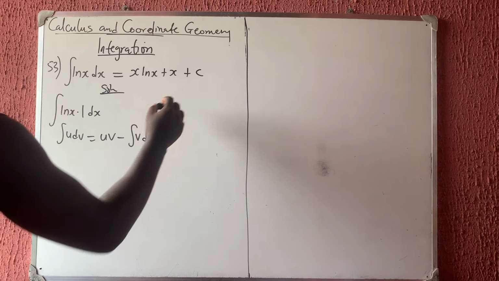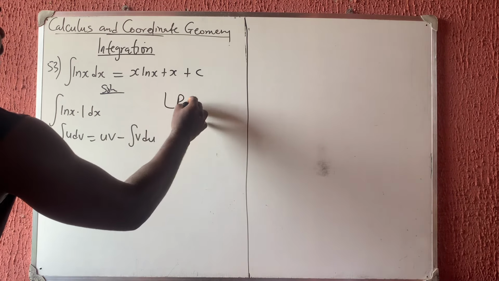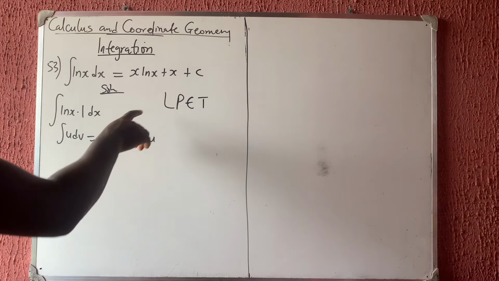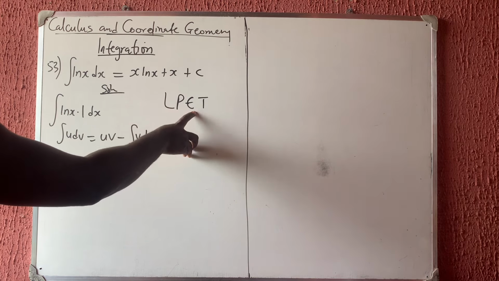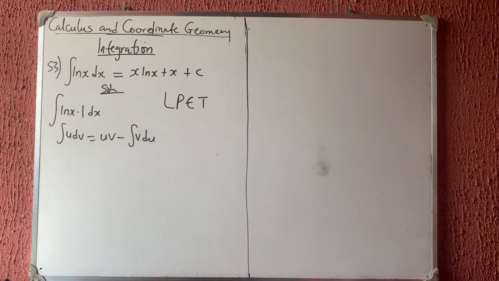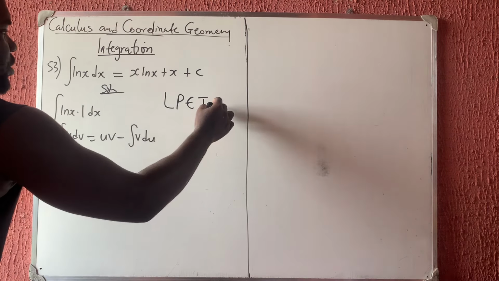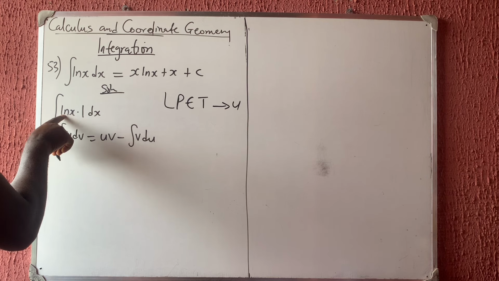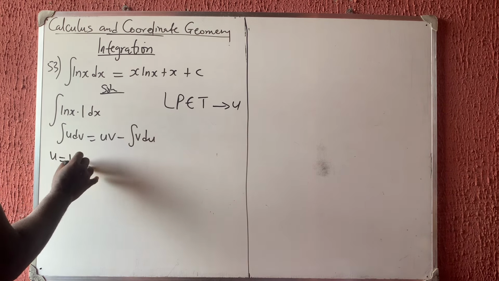We use the formula that's called LIATE, ladies like pets, which shows that if we have logarithm, polynomial, exponential, and trigonometric. If logarithm is there, then logarithm is going to be the u. So this is the method to choose your u. And if you see here, we're having ln, which is logarithm, so our u is going to be that ln x.